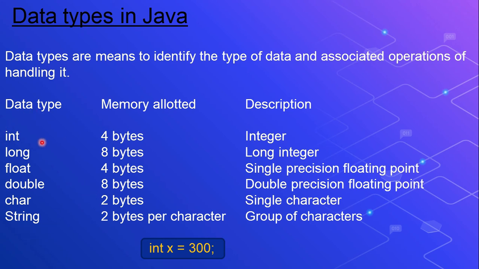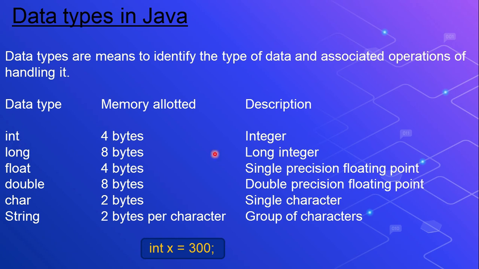Now we have many data types, and we are only discussing these 6 data types here. Elaborated discussion will be in the next year, not this year. So just understand what int, long, float, double, char and string are.